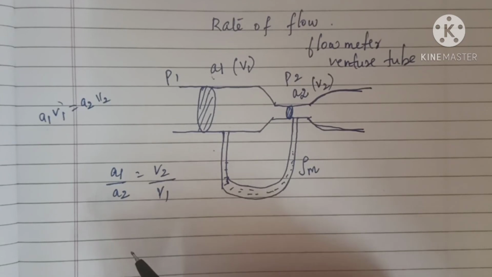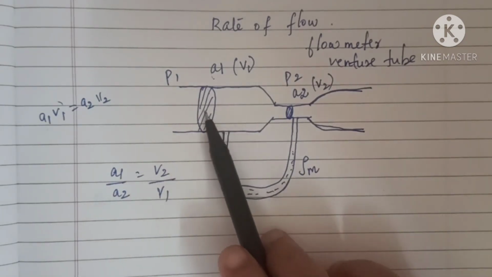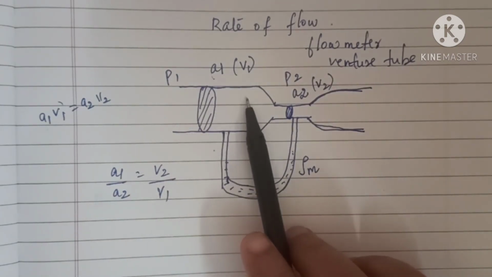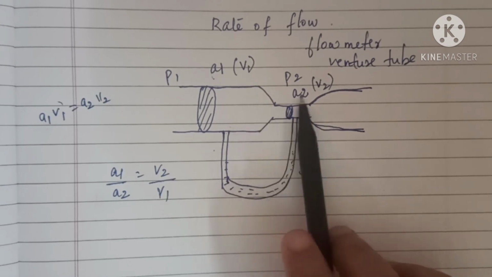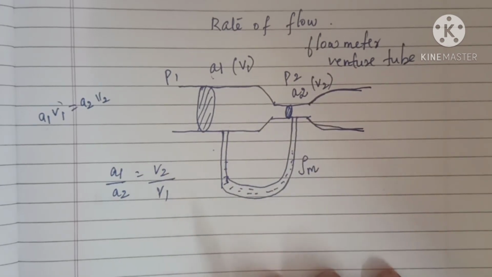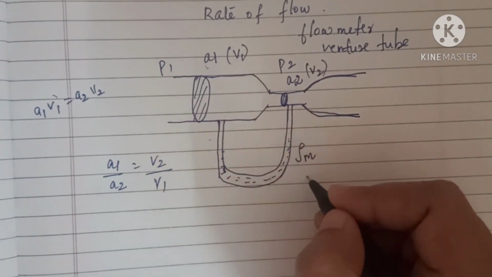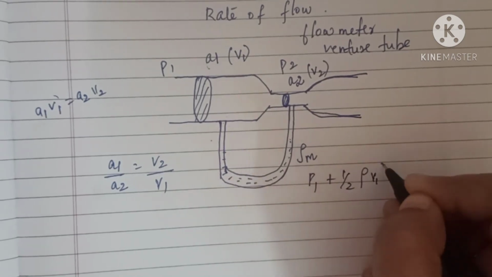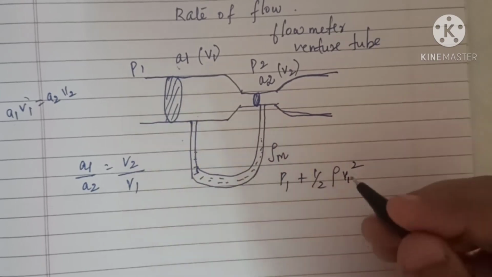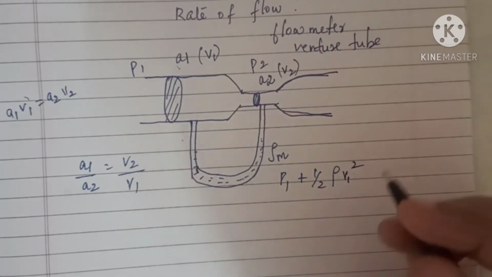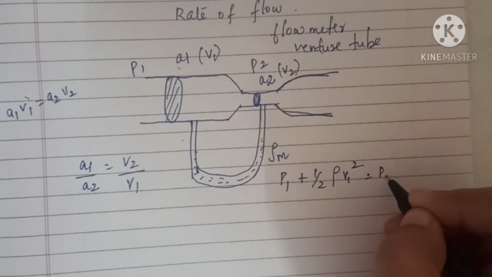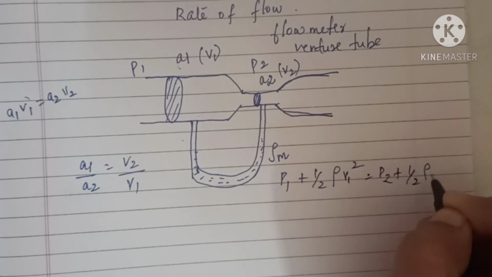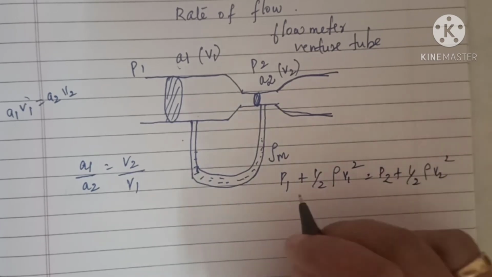Right? And if the liquid has a density rho and is flowing horizontally, then from Bernoulli's expression we have P1 plus half rho V1 square, since it is a horizontal tube, that's why rho GH is omitted here, equal to P2 plus half rho V2 square, isn't it?